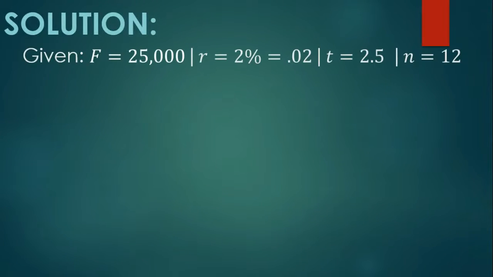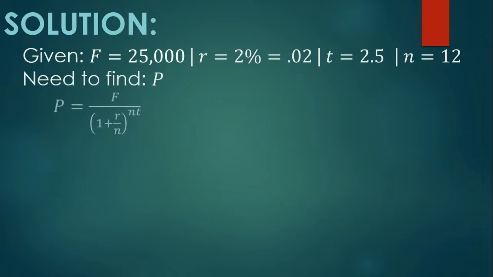For our solution, we have the given. F is 25,000. The value of R is 2%. We convert this to its equivalent decimal form. We have 0.02. The value of T is 2.5 since 2.5 years. And the value of N is 12 since it is compounded monthly. We need to find the value of the present value. So we use the formula that we derived. P is equal to F all over 1 plus R divided by N raised to NT. So we substitute the given.